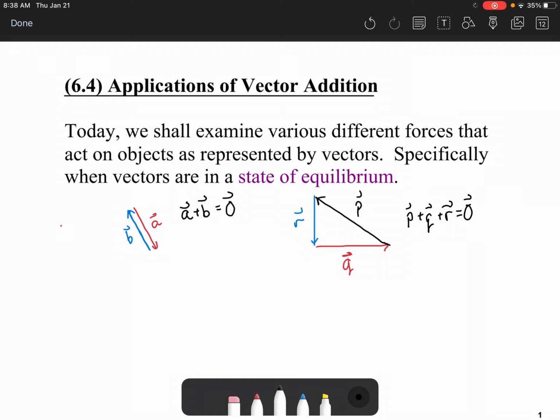It goes back to where it began. So anything that adds up to the 0 vector is what we call a state of equilibrium.